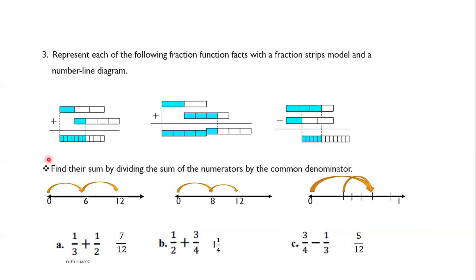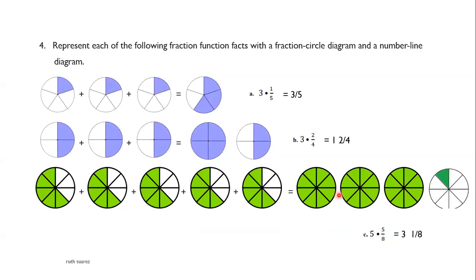And then we find their sum by dividing the sum of the numerators by the common denominator, and then it gives us a little number line diagram here. Then number 4 says, represent each of the following fraction facts with a fraction circle diagram. So what we did is 3 times 1 over 5.